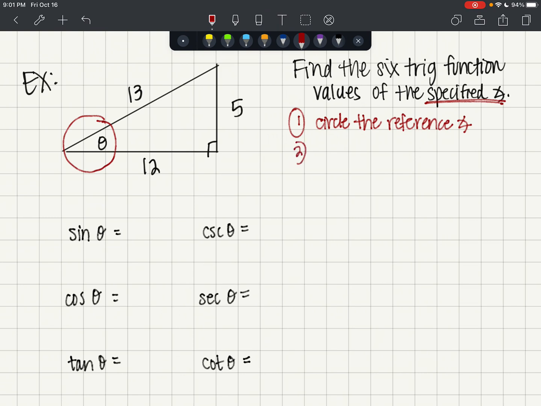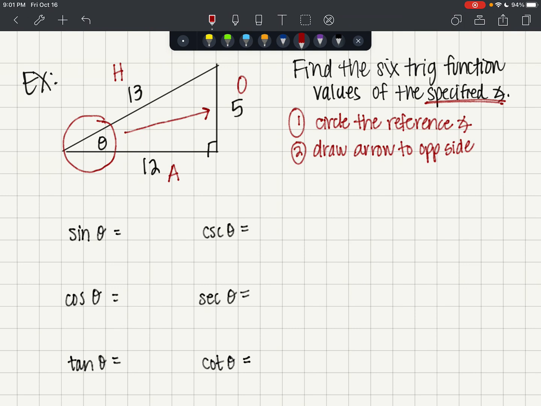And I'm going to then draw an arrow going to the opposite side. So the side opposite theta is the one that has the side length of 5. And I'm going to call that O for opposite. The other leg that makes the right angle is the adjacent side. And then the side that's across from the right angle is always the hypotenuse.